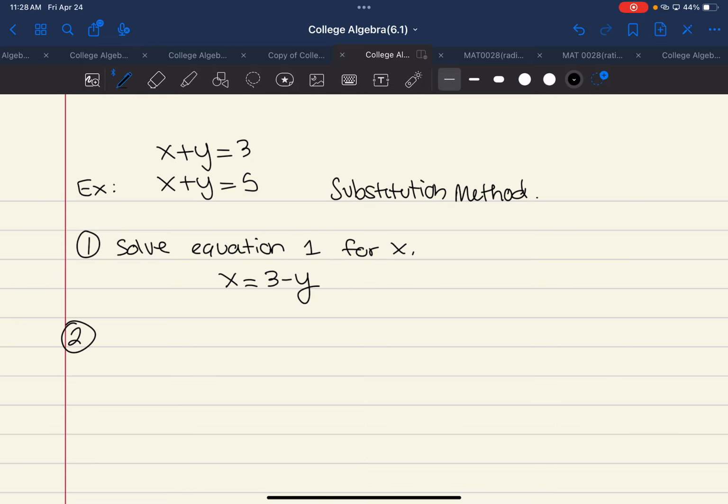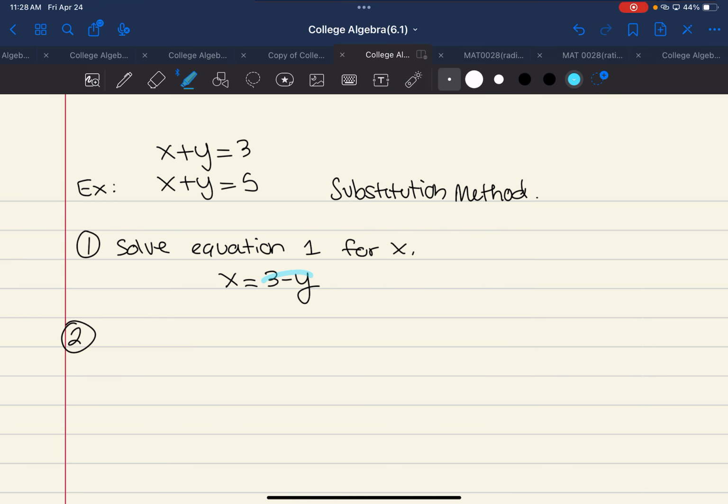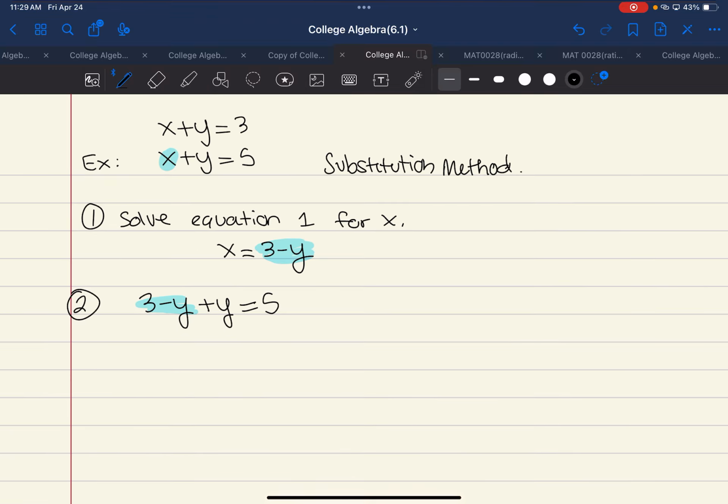Step 2, I will now plug this in. If this is what x is supposed to equal for the first equation, then I'll plug that in for this x in the second equation. That will give me 3 minus y plus y equals 5. And what happens? The negative y and the positive y cancel out, and that leaves me with 3 equals 5.